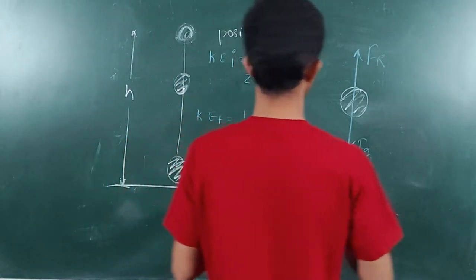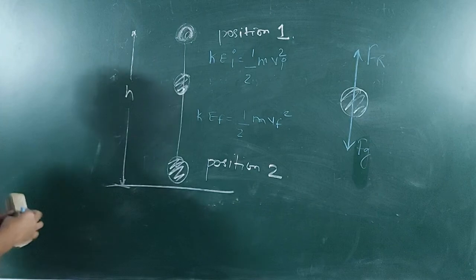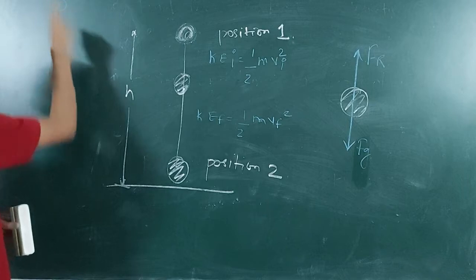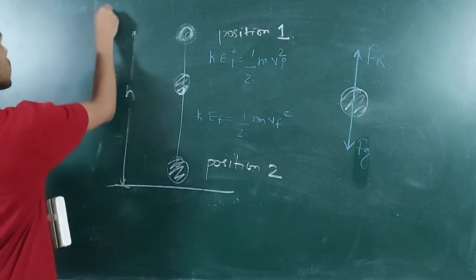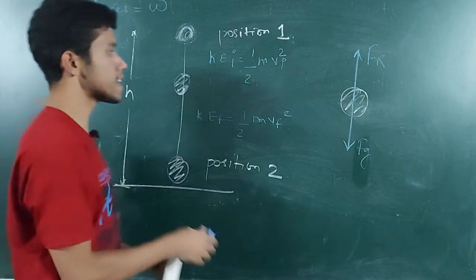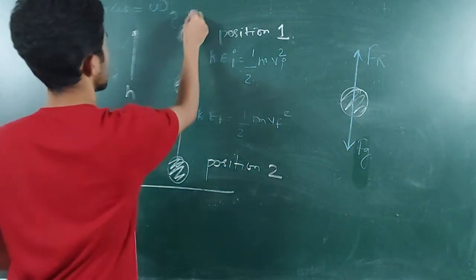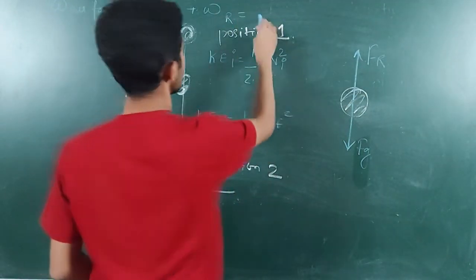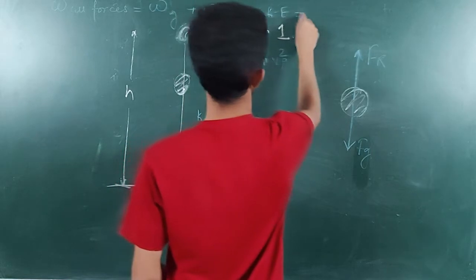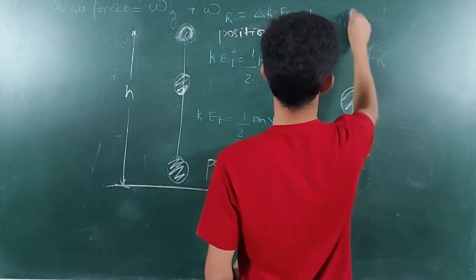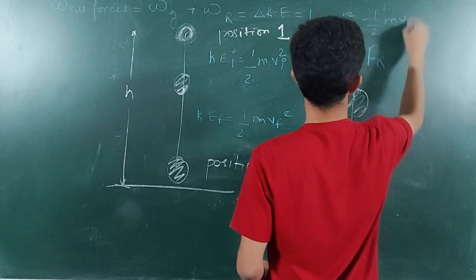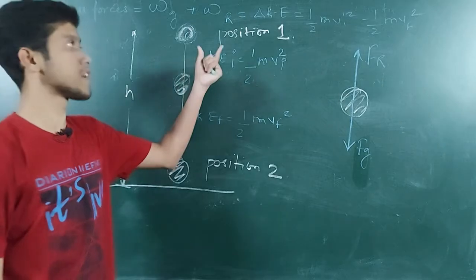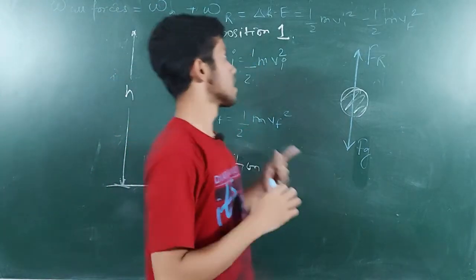So the work done by all the forces, that is work done by gravitational force plus work done by resistive force, equals the change in kinetic energy, which is half m v initial square minus half m v final square.